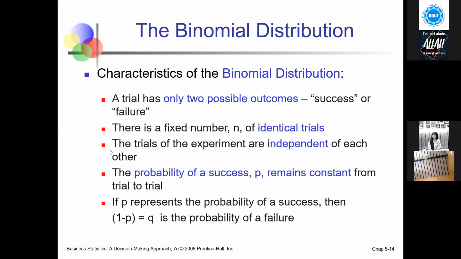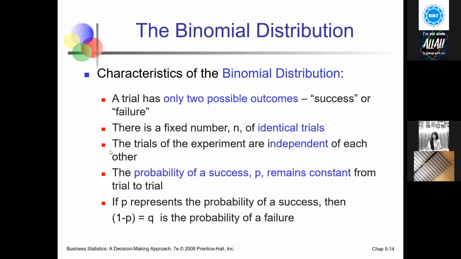If we are tossing a single coin once, we get head, and again we toss the coin, maybe we get head, again we toss, we get tail. So all the events are performing independently. The outcomes of any trial are independent from each other.